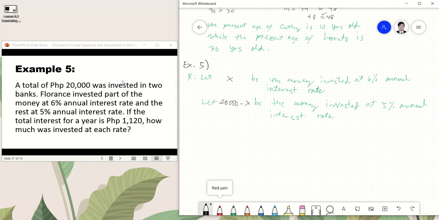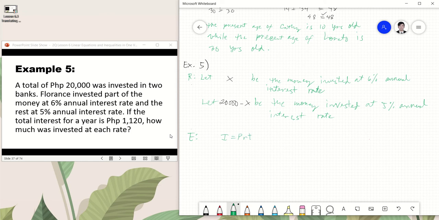Okay. Now, we can make already the equation. Okay. The equation to figure it out, you will be needing to use the formula I is equal to PRT.